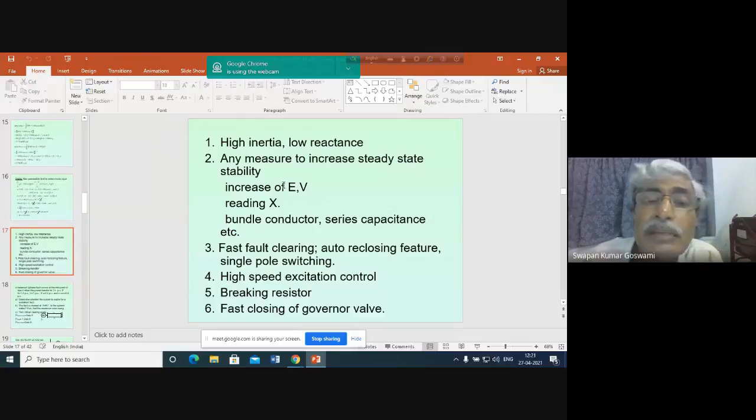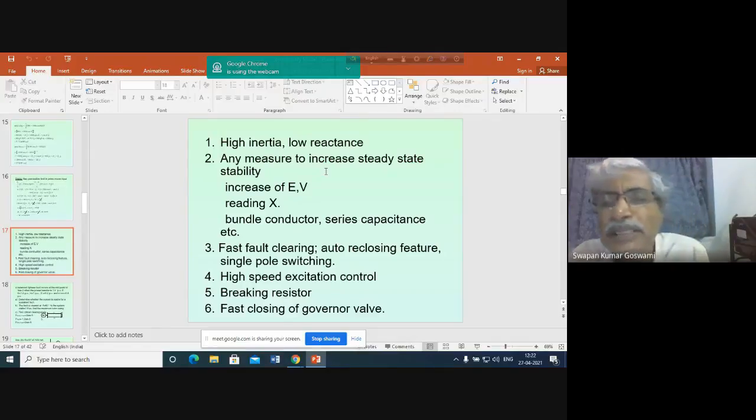You can increase the value of E, the induced EMF. You can increase the value of V. These are the possibilities, but you actually do not have much control over these things, because V you cannot change. You can maintain good voltage, but the system voltage will be decided by some other things.